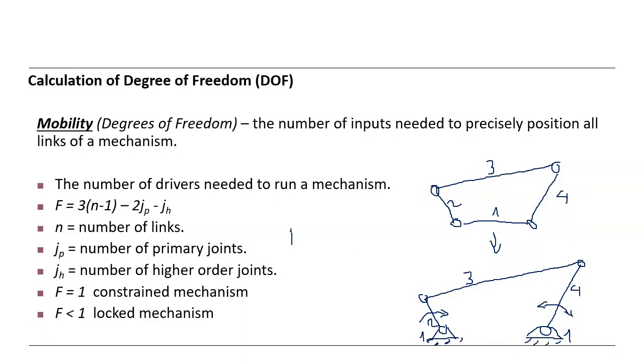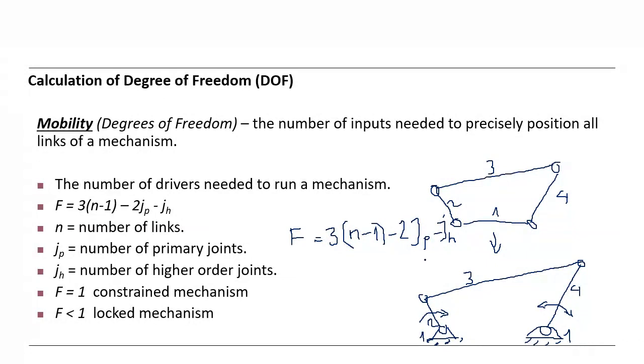The degree of freedom F of the mechanism is equal to 3 times (N minus 1), minus 2 times the number of primary joints, minus the number of higher pairs. These are the definitions: a primary joint has 1 degree of freedom, a higher joint has 2.